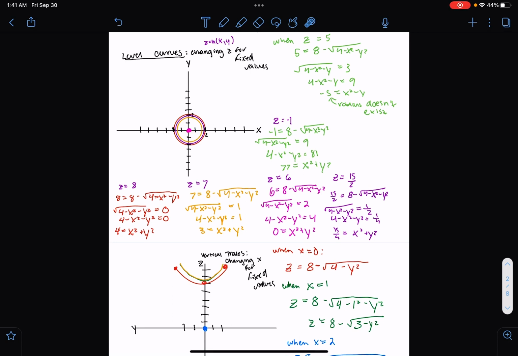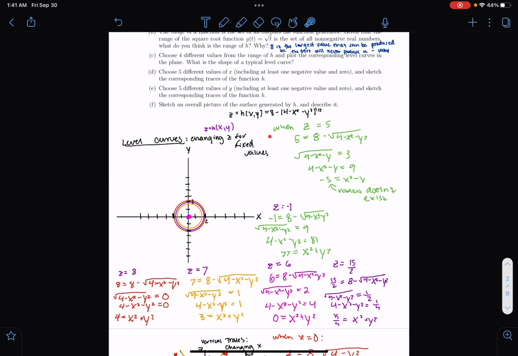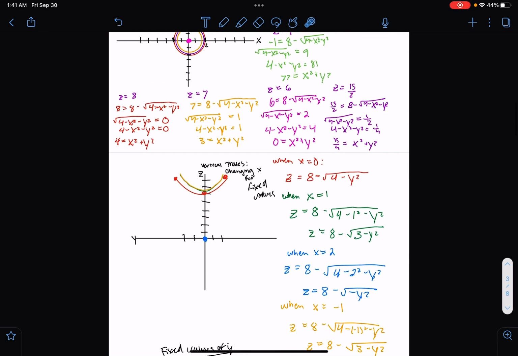When 0 equals x squared plus y squared, that's only going to be 1 point. Another important part is when z equals 5, we get negative 5 equals x squared plus y squared. The radius doesn't exist. That'll be important later.